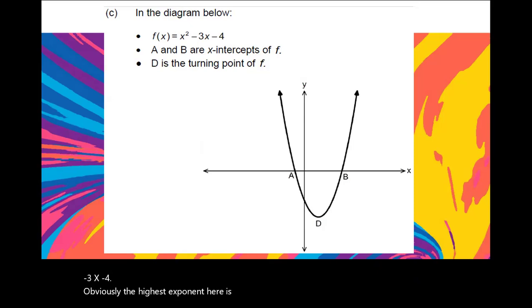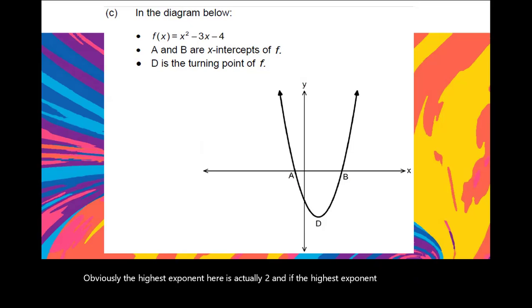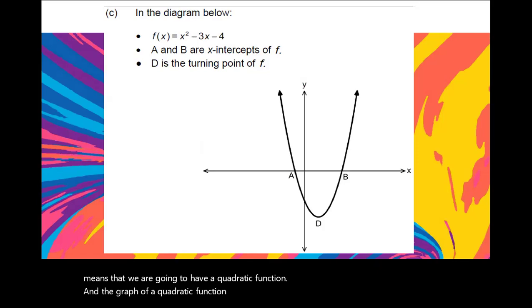And if the highest exponent is 2, it simply means that we are going to have a quadratic function, and the graph of a quadratic function is called a parabola. All right.